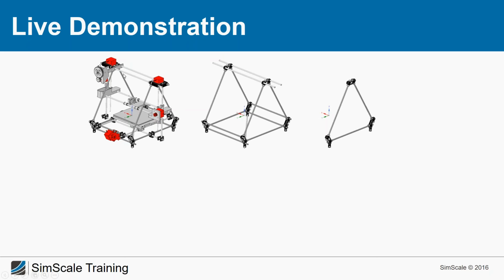Here you can see, I think it's called Mendel, one of the most famous RepRap printers. In the end, it's just made from standard parts like bolts, nuts, etc. The stepper motors you surely have to buy, and everything else connecting the parts is made from ABS, printed by a printer.